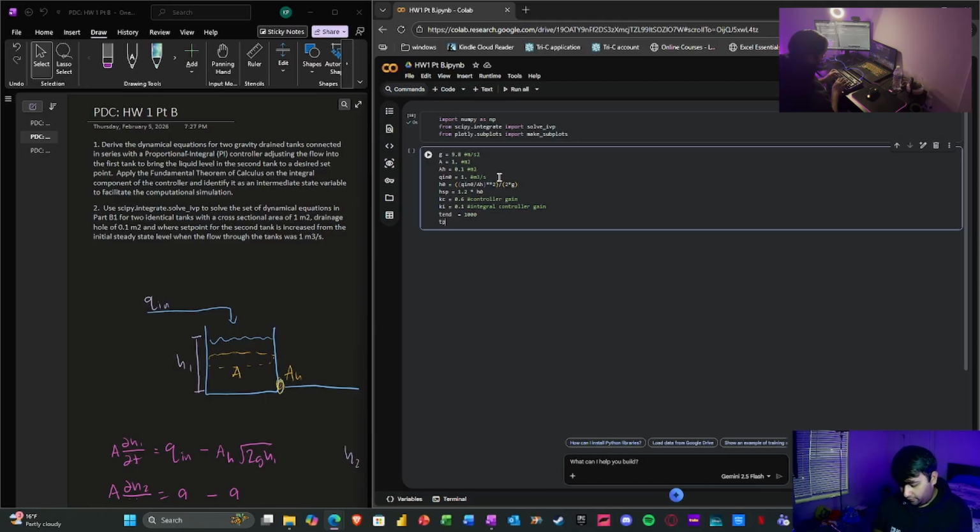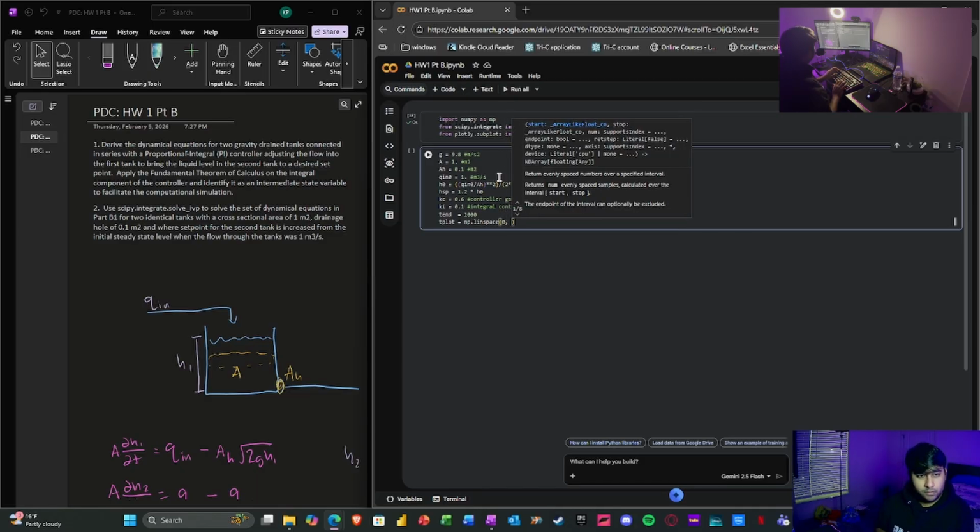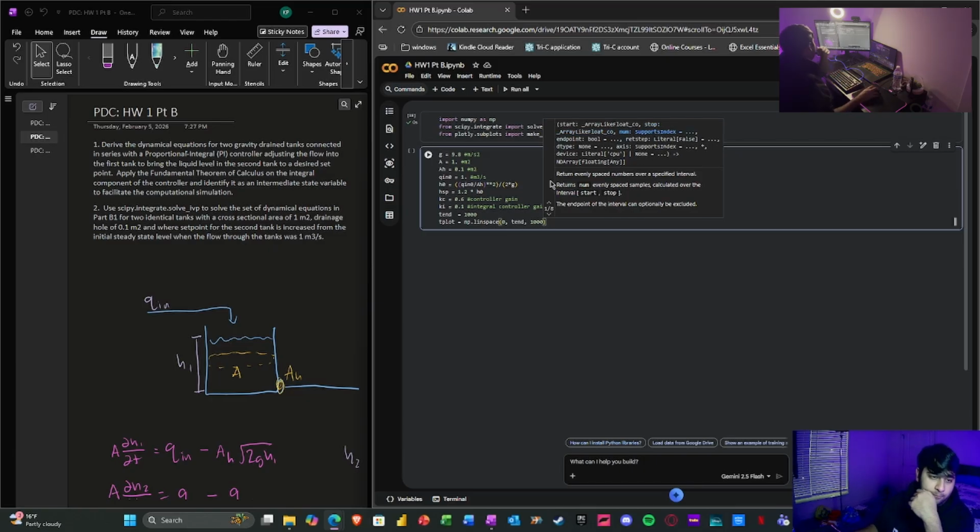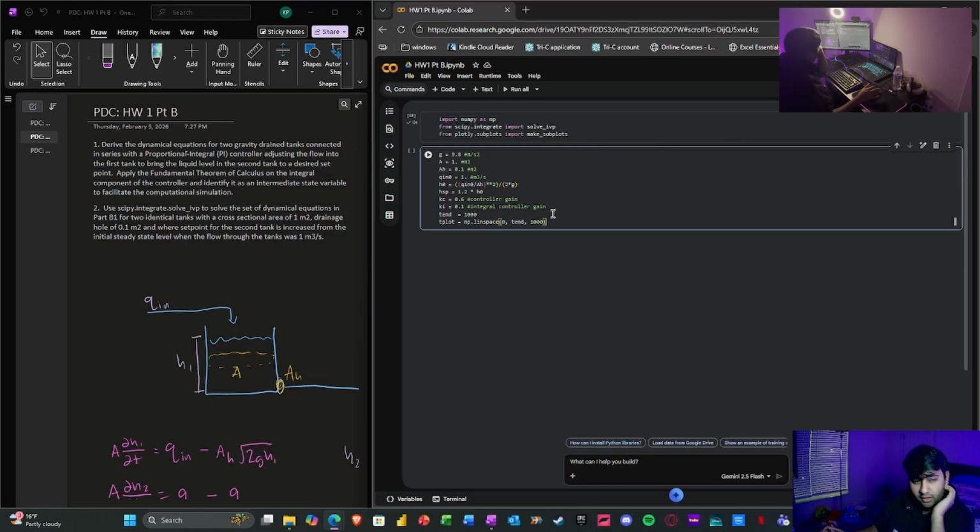And then we have to define our t plot, which is np.linspace of t n, and then 1000 is just saying for the 1000 seconds it's running, it's going to have 1000 evenly spaced points.